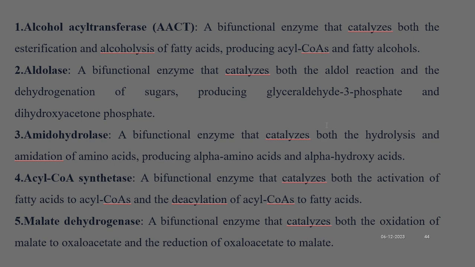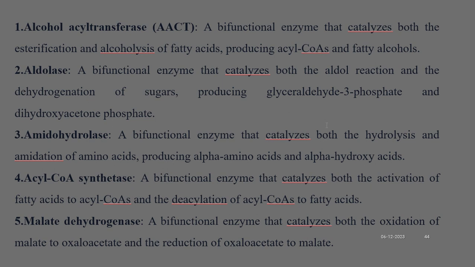Similarly, the fourth example of a bifunctional enzyme is acyl CoA synthetase. This catalyzes both the activation of fatty acid to acyl CoA, and also the deacylation of acyl CoA to fatty acids.